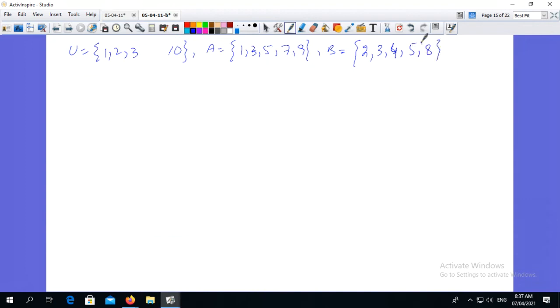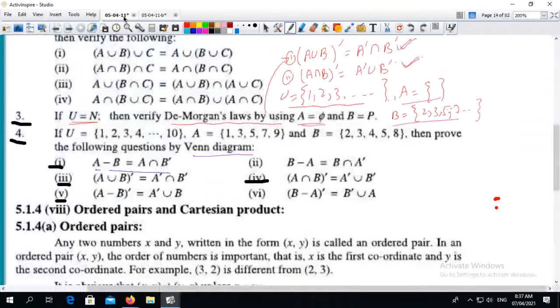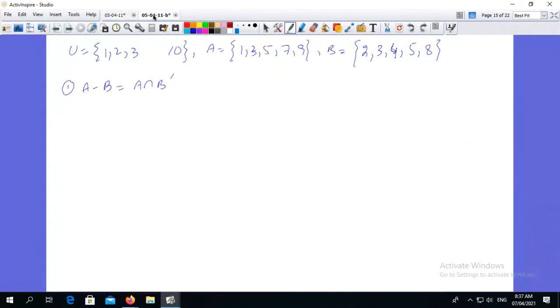We have to show the first part by Venn diagram: A minus B is equal to A intersection B complement, with the help of a Venn diagram.